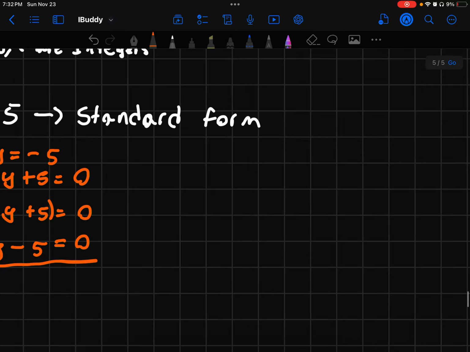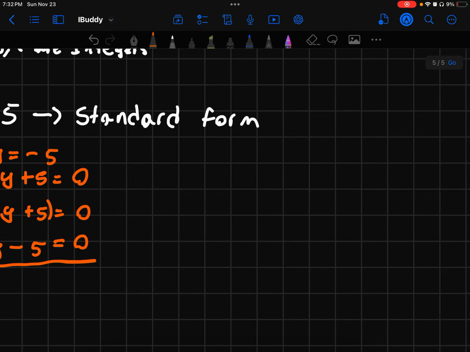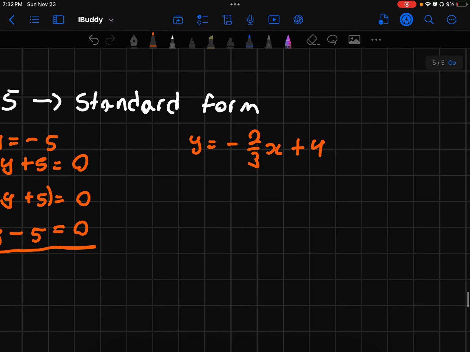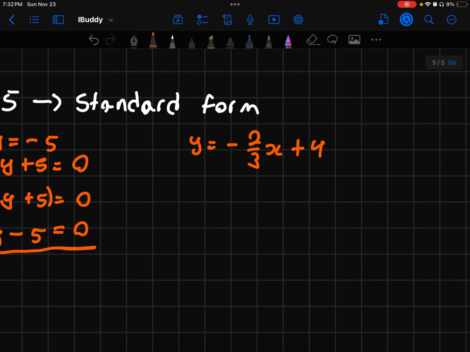Now let's go over an example with fractions. Let's say we have y is equal to negative 2 over 3x plus 4. First of all, you want to clear the fractions by multiplying everything by 3. So we'll put a bracket around here and multiply by 3, and a bracket around the y and multiply by 3.